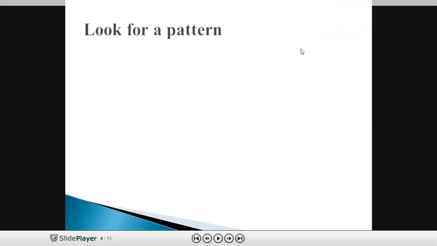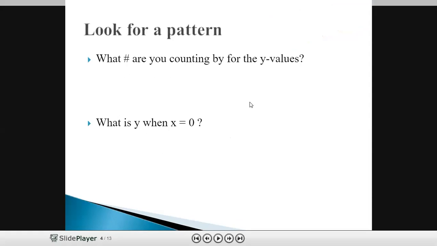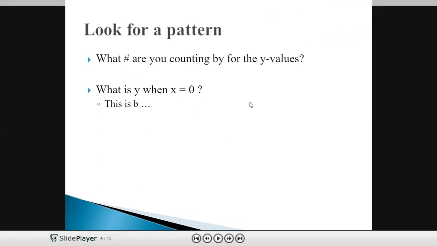Then look at this pattern. What are you counting for the y values? What is y when x equals 0? This represents b. Did you remember the general form for the function, y equal mx plus b?